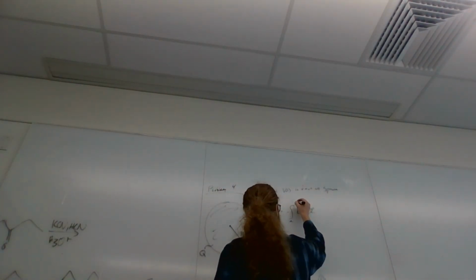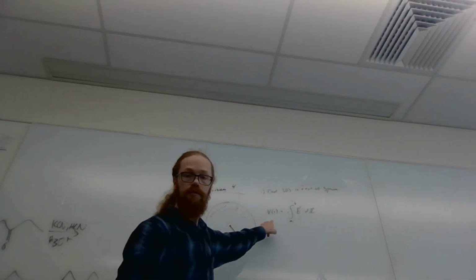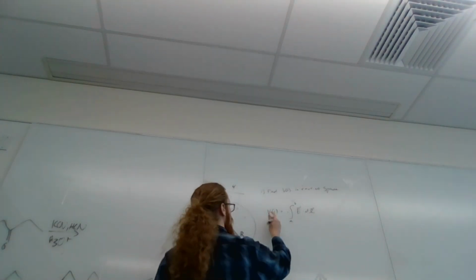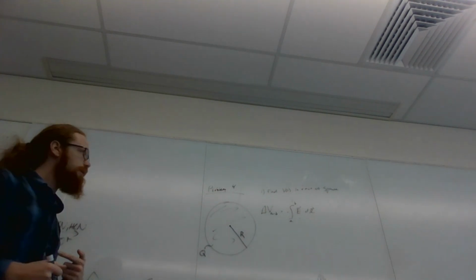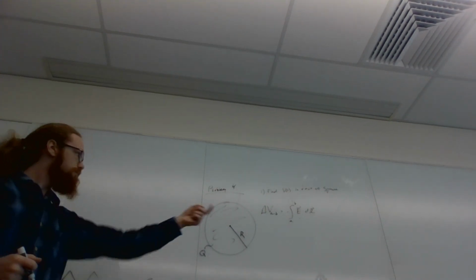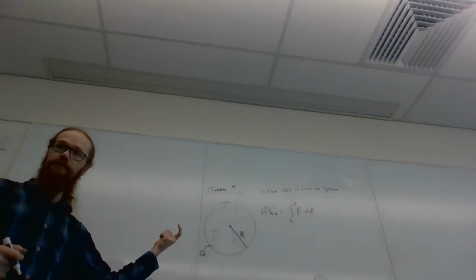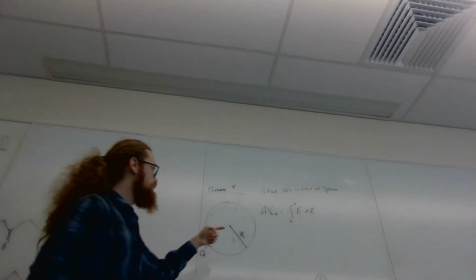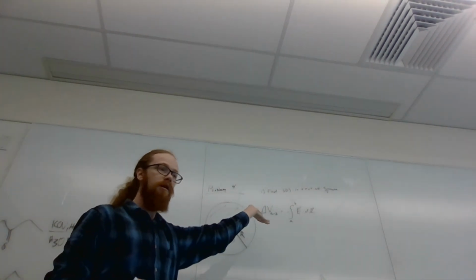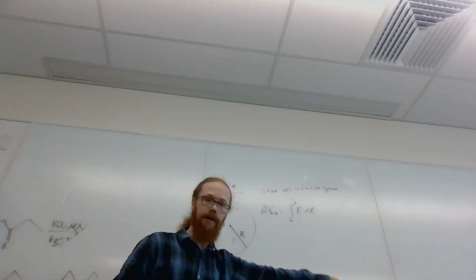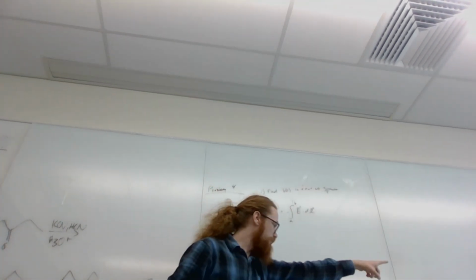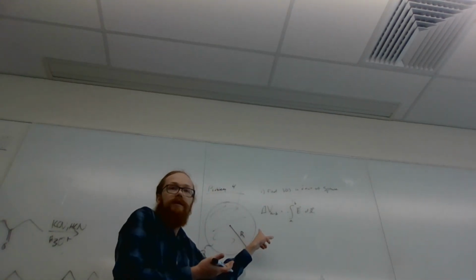This will give the voltage difference from A to B. So we're going to run this from infinity in to the surface of our sphere. That'll basically give us the voltage, because we know voltage falls off with distance, so it'll be 0 at infinity.